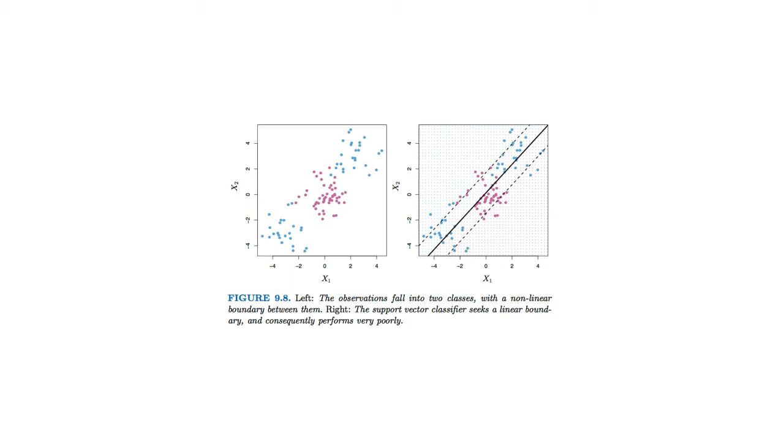Very hard to conceive of. In fact, what you see in the panel on the right-hand side is the best linear boundary that can be found, and it's sure not very good. In fact, it's not acceptable in any way, and it's because of the linearity of the support vector classifier. So guess what we're going to talk about next?